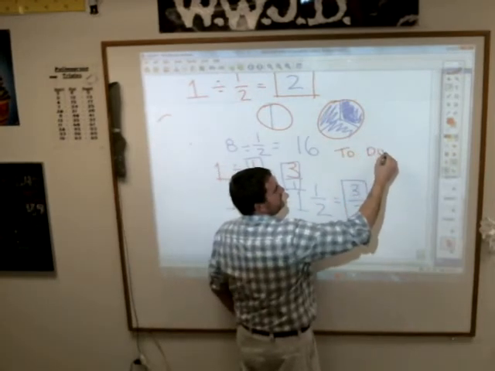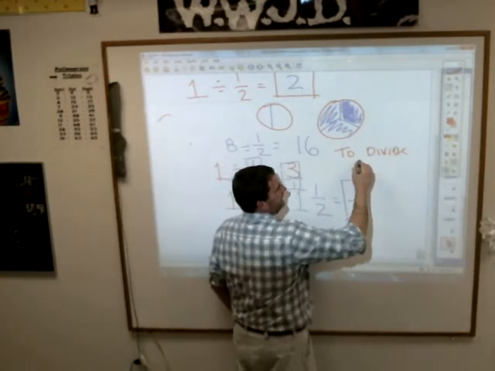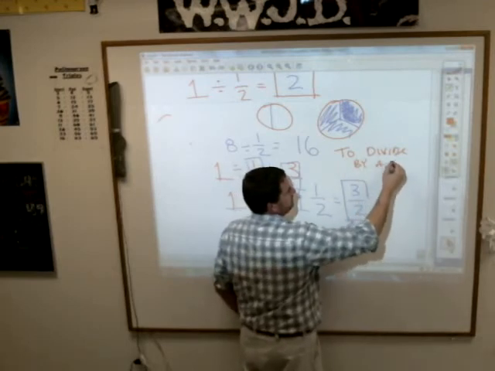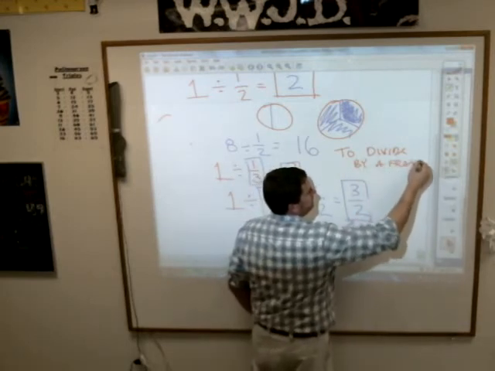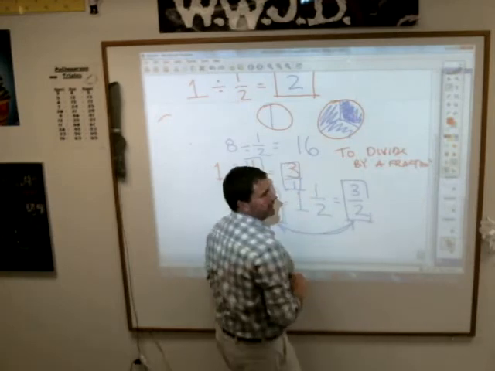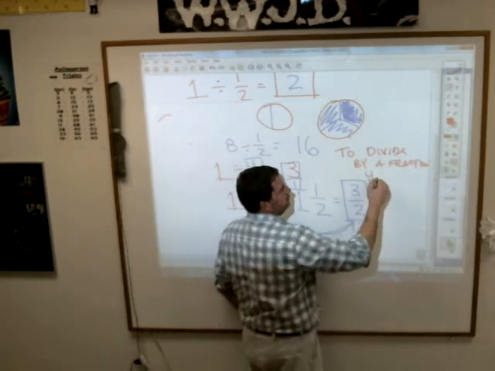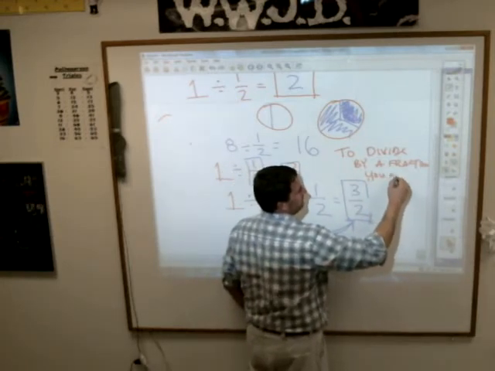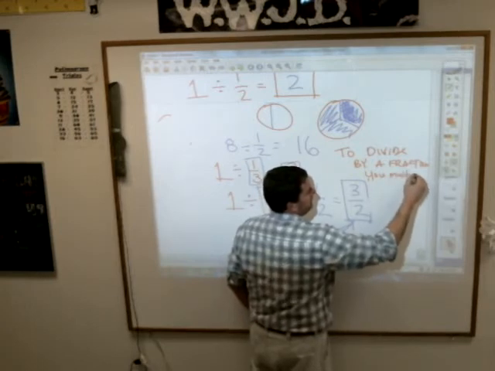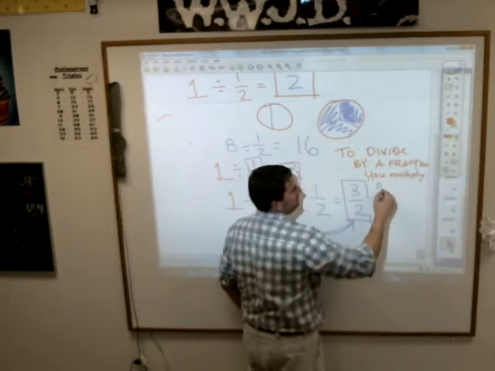To divide by a fraction, you multiply by its reciprocal.